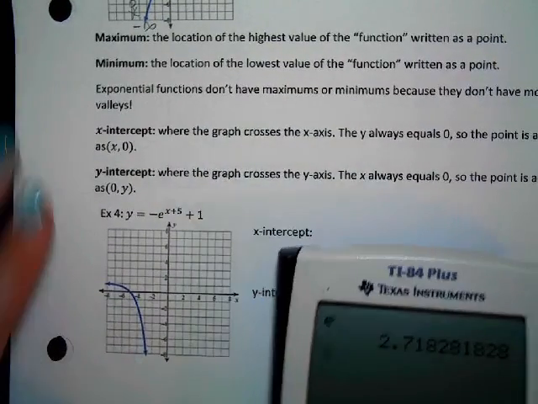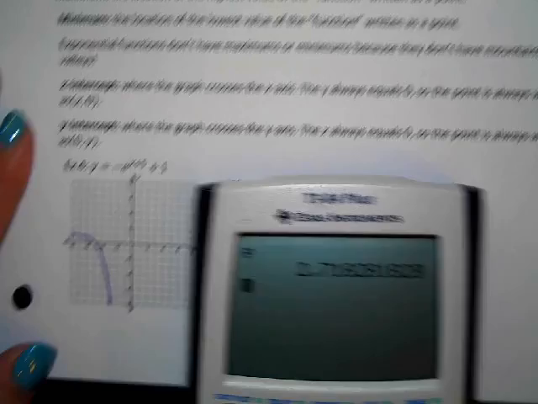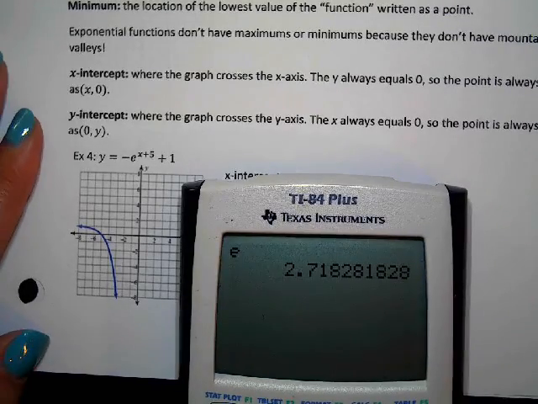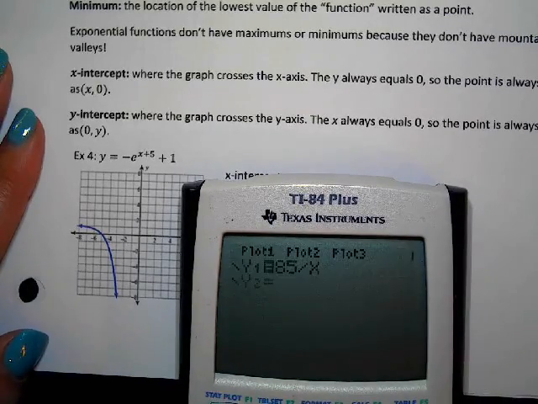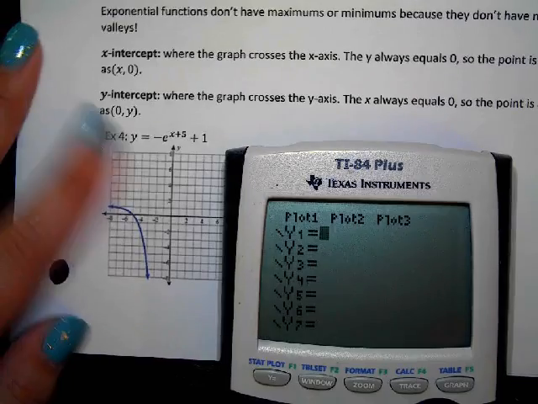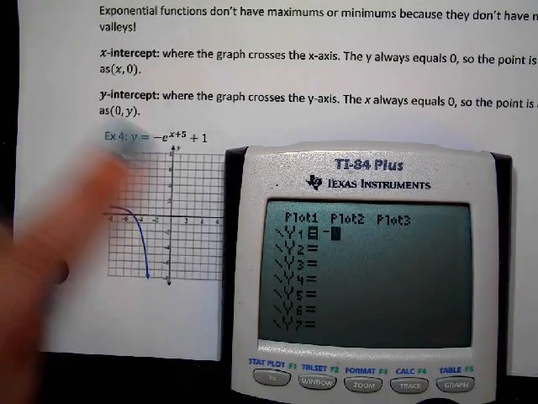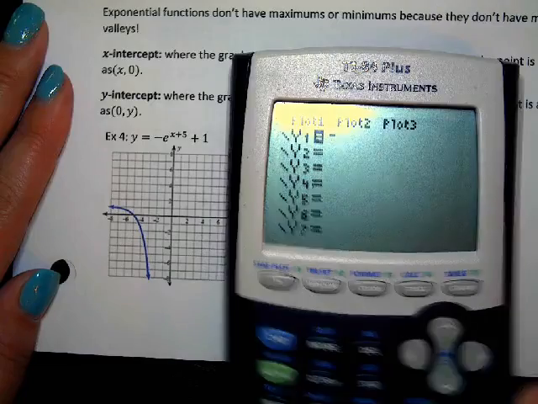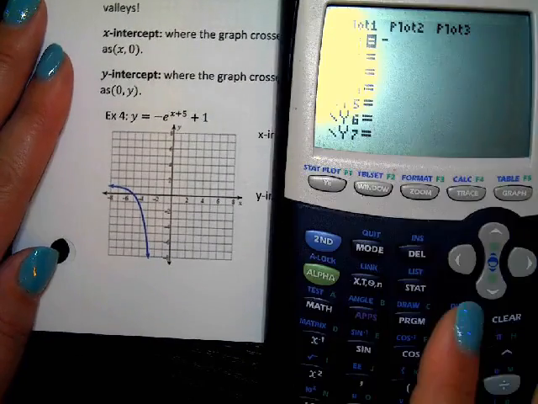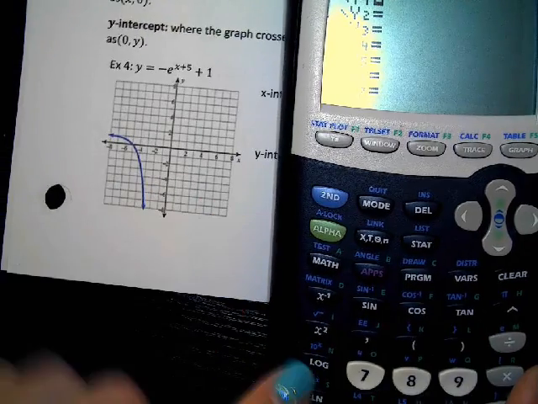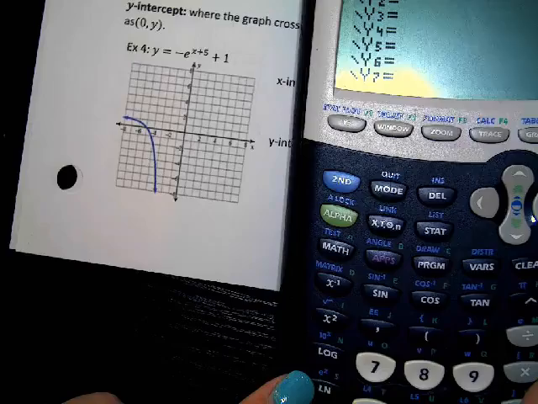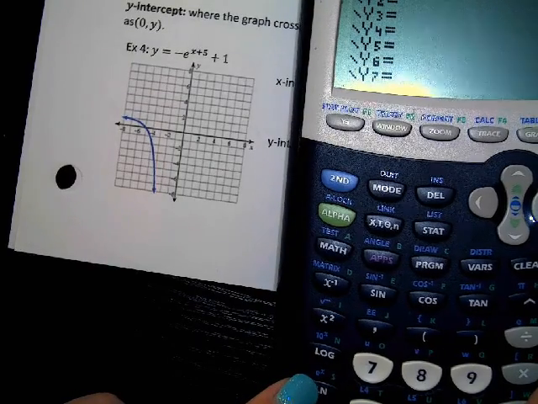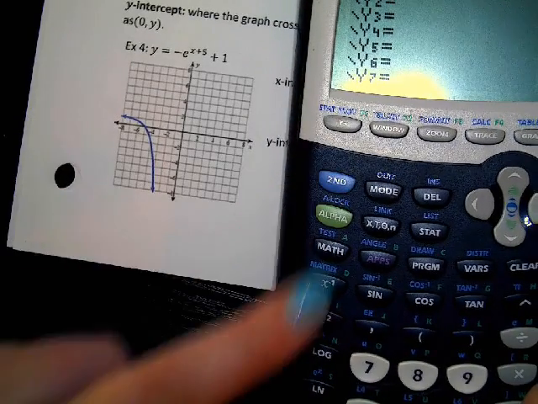Okay, so example 4. Let's grab our calculators. I'm going to hear everybody clicking because everybody's following along. So y equals, I'm going to clear this. You're going to type the little negative. And then to get the e on your screen, because we have e to the exponent, you see the ln button? Hit second and then the ln button.